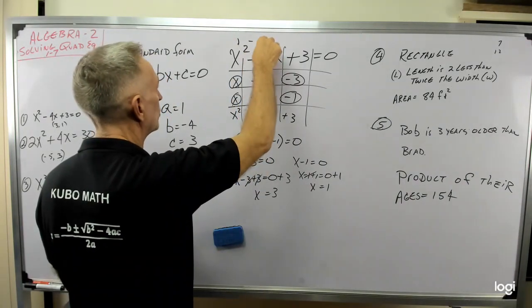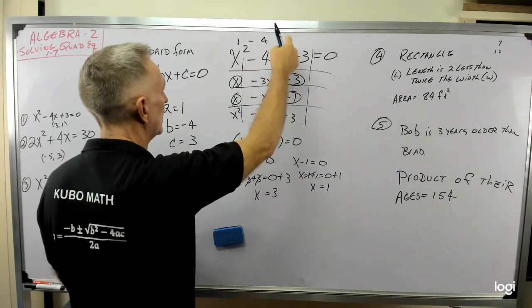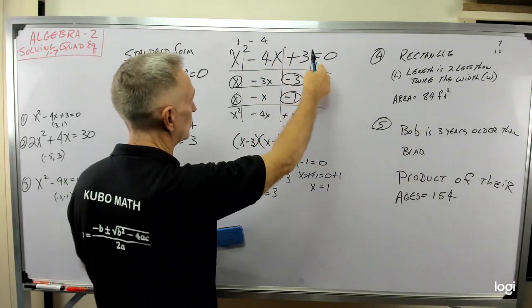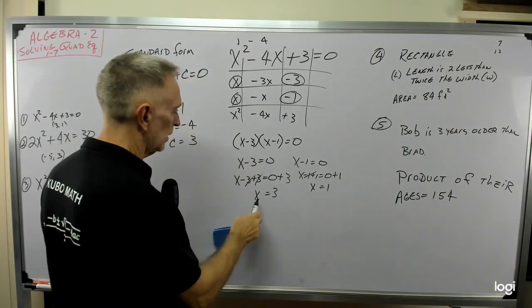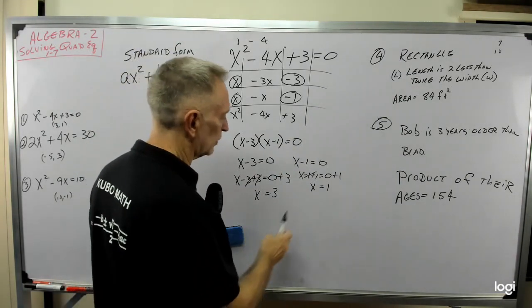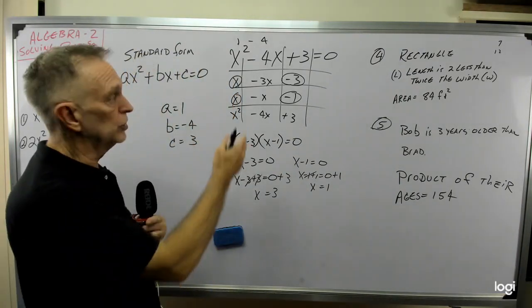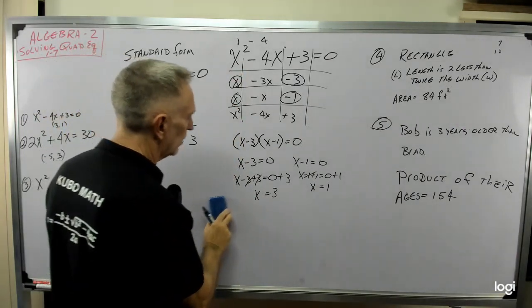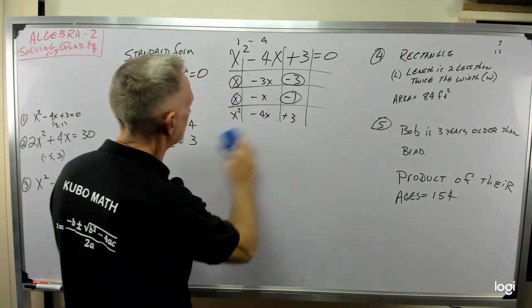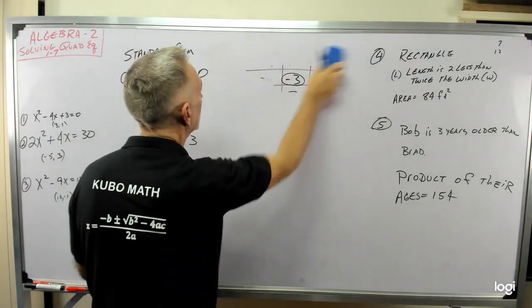Minus 4 times 1. So it's minus 4, which is a negative 3. Negative 3 plus 3 equals 0. So that works. So x equals 3 or x equals 1 would be solutions to that problem that we had. Okay.